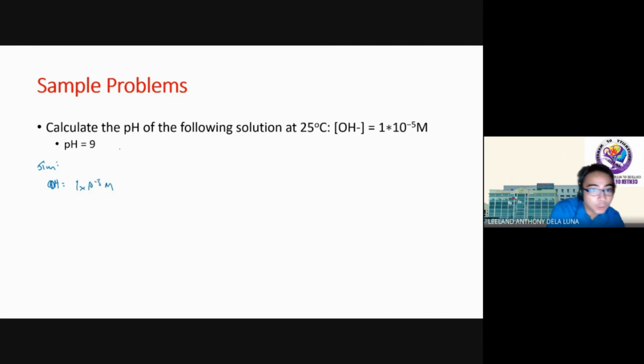So therefore, if I want to compute for pH, pH was unknown. Okay, kunin ko muna yung pOH ko, which is negative log OH. Negative log of 1 times 10 to negative 5.